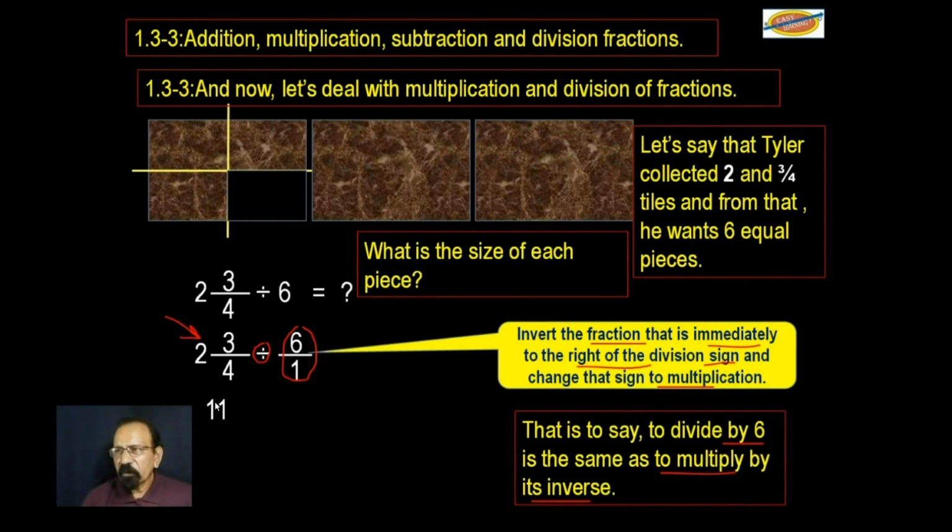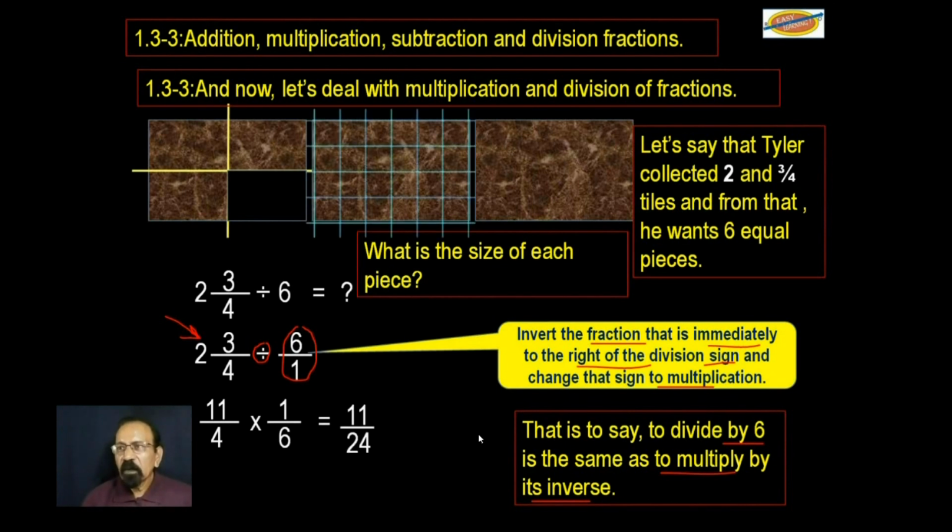So 11/4 multiplied by 1/6. Now, we cannot reduce these two denominators. We could only reduce a denominator and a numerator. So there is nothing here to reduce, and we are left with 11/24. So in effect, one of the pieces would be 11 over 24.